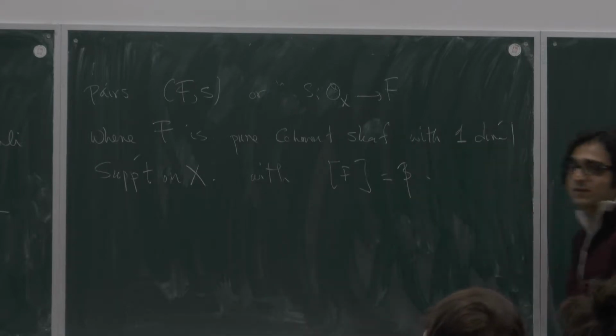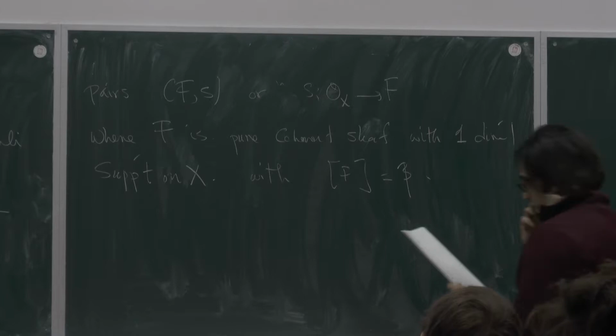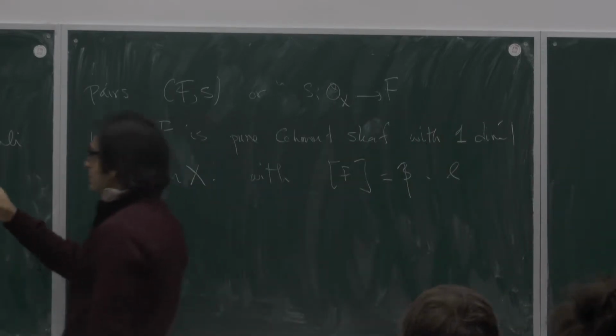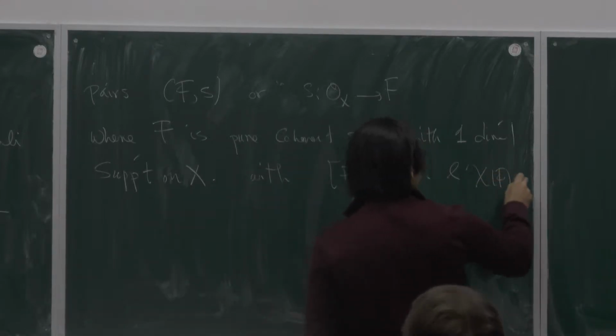So the support of F has homology beta, and this integer n is going to be for us the Euler characteristic of this one-dimensional sheaf.